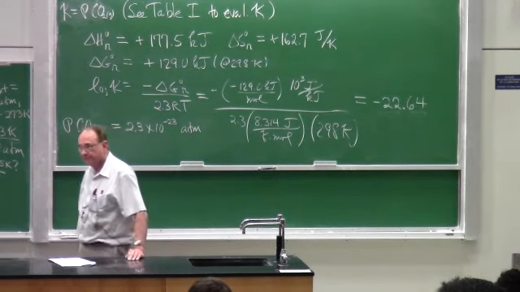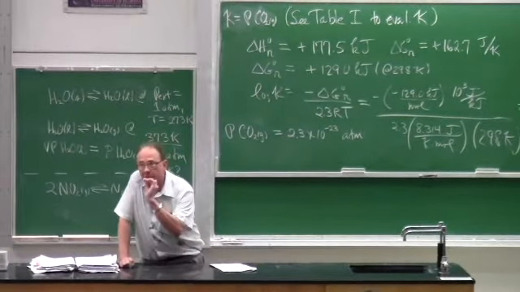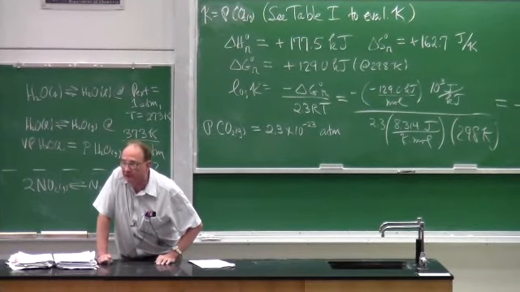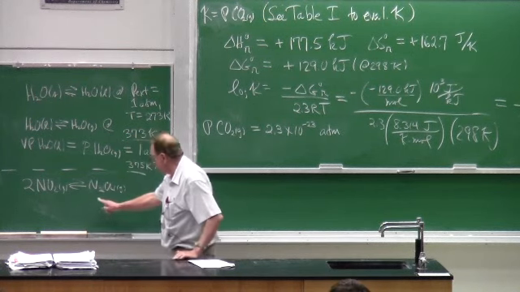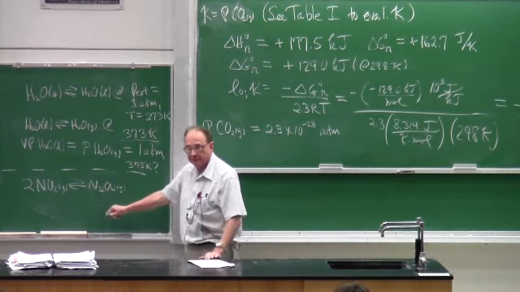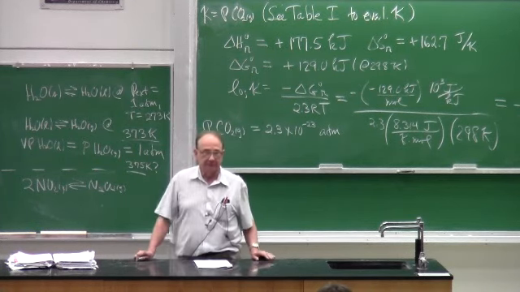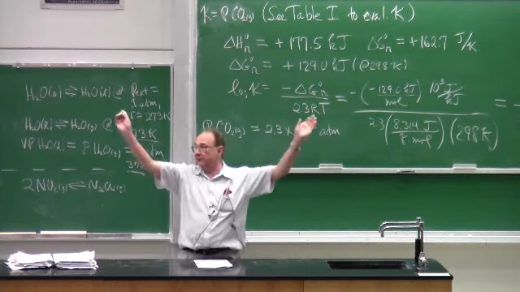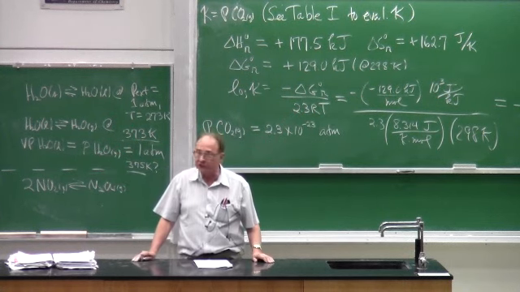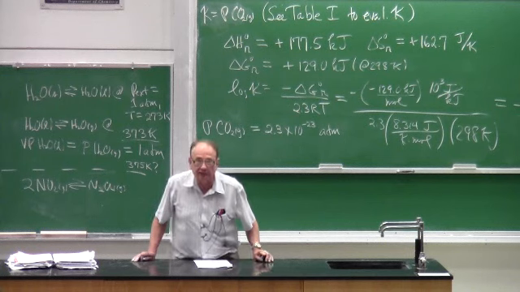Statement, which we've just demonstrated. Whenever you calculate an equilibrium constant from thermodynamic data, which we just did, you will always get a unitless quantity. But for any practical applications of the equilibrium constant, like calculation of equilibrium molarities or partial pressures, you must attach units to the equilibrium constant.